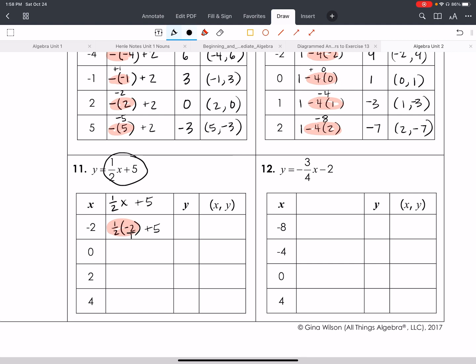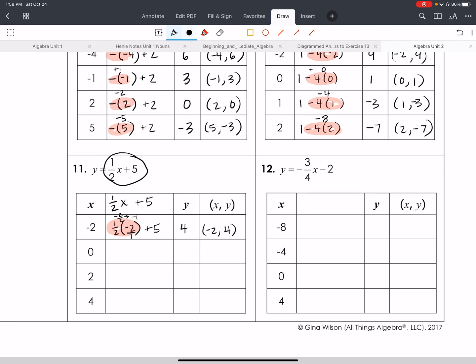And that means I'm going to end up with -2 over 2, and that's really the same thing as -1. So -1 plus 5 is going to be 4. So when I have an input of -2, I have an output of 4.